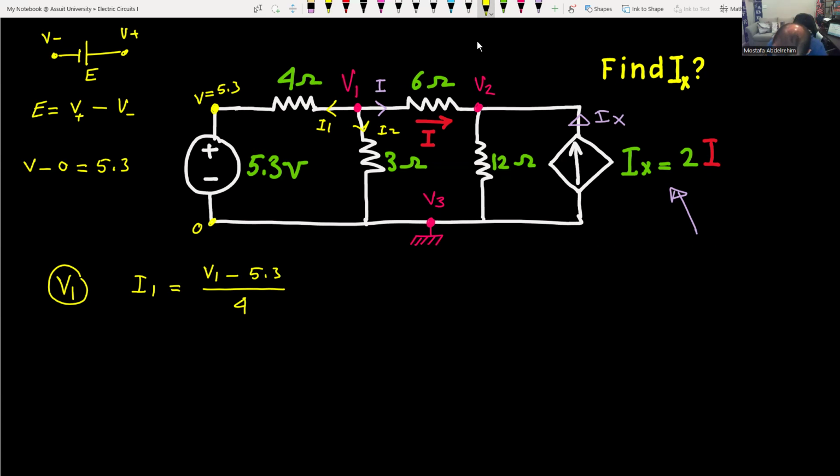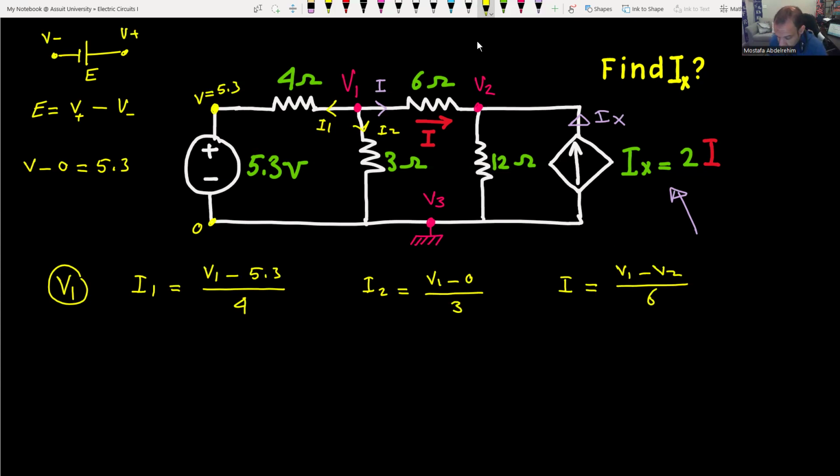I2 is leaving V1 and going towards the ground V3, so it's equal to V1 minus V3, which is 0, divided by the resistance, which is 3 ohms. And I is leaving V1 going to V2, so it's V1 minus V2 divided by the resistance, 6 ohms. Okay, that's good.